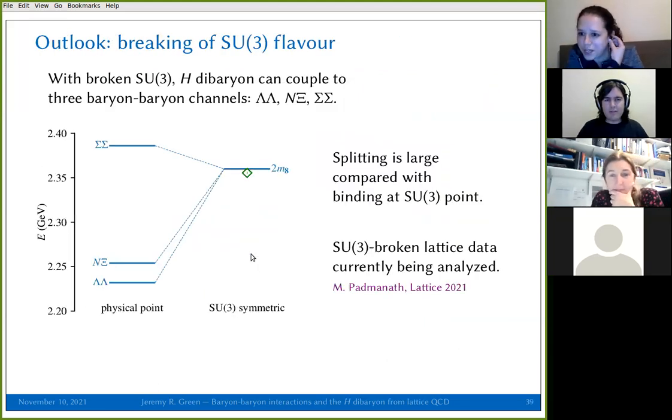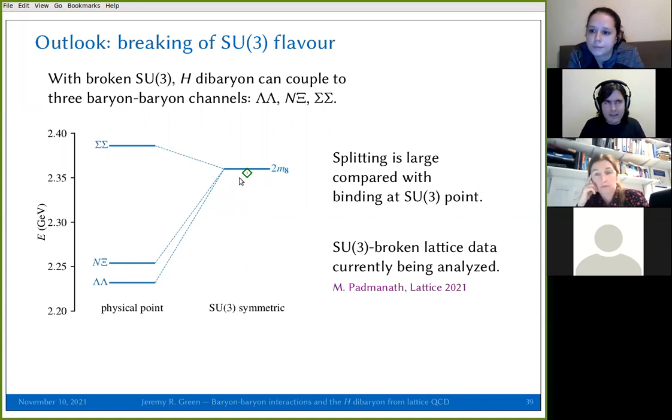Yeah. These lattice ensembles were generated keeping the sum of the 3 quark masses, up, down, and strange, fixed. So the SU3 point here corresponds to heavier than physical up and down quark masses, but lighter than physical strange quark mass. As you go away from that, you're making the strange quark heavier and the up and down quarks lighter.